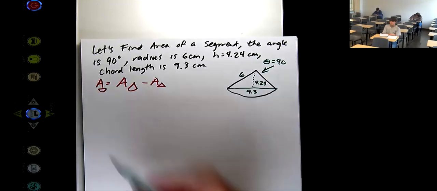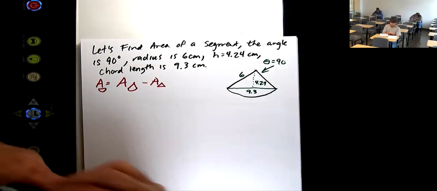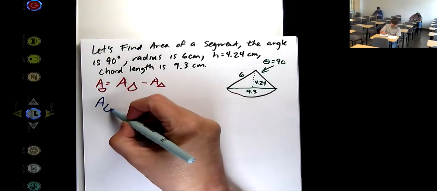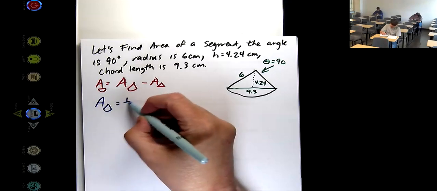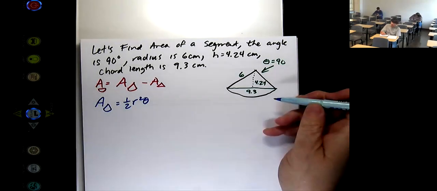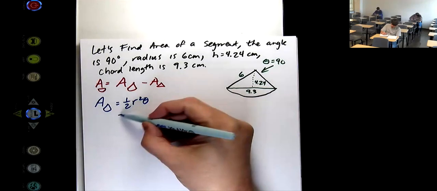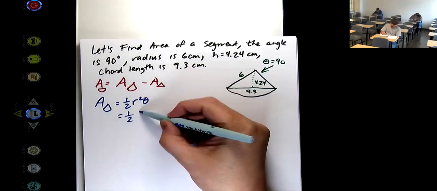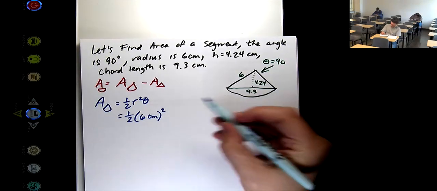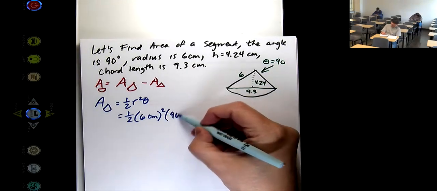So the area of the sector is 1/2 r squared theta. I have theta as 90 degrees.